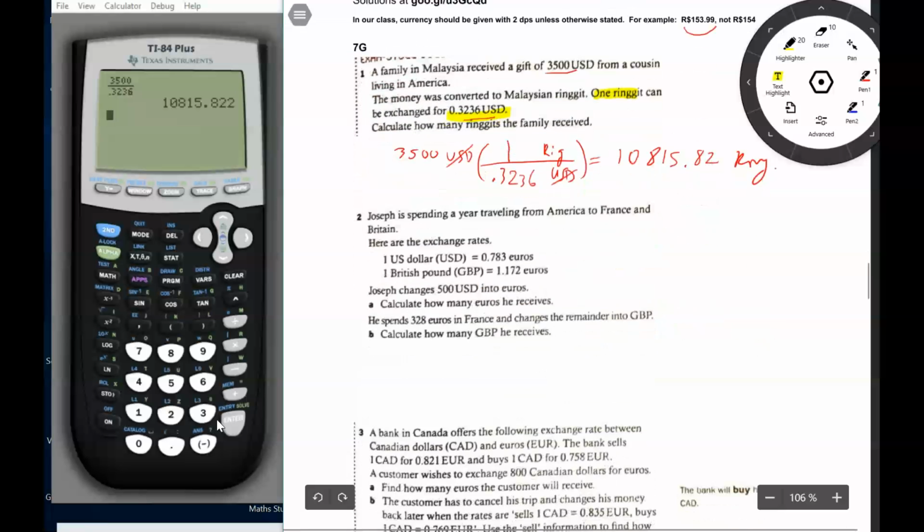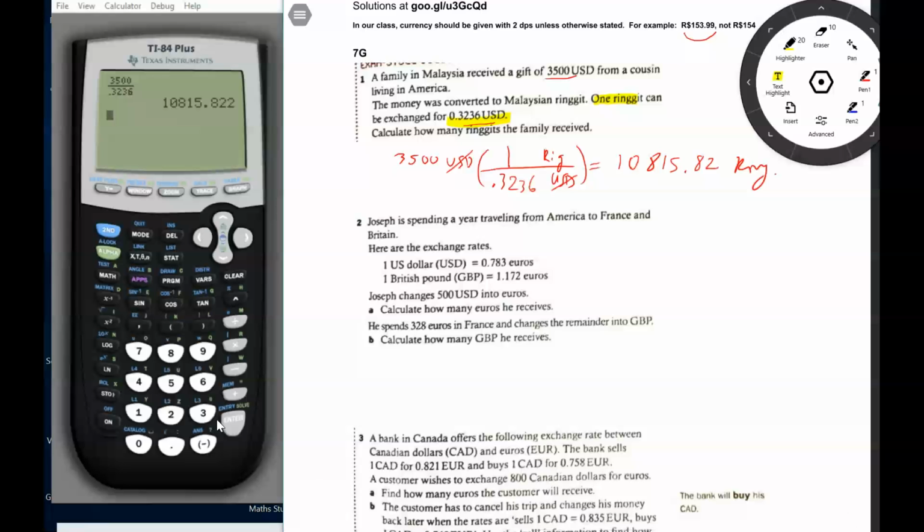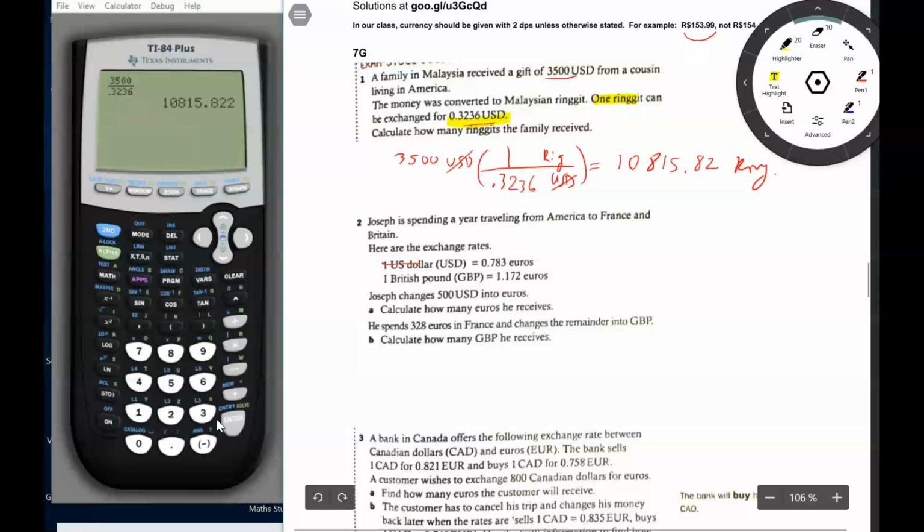Alright, next problem. Joseph is spending a year traveling from America to France and Britain. Here are the exchange rates. So these are our dominoes.